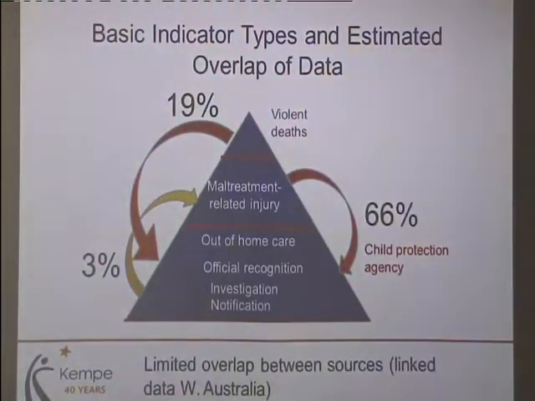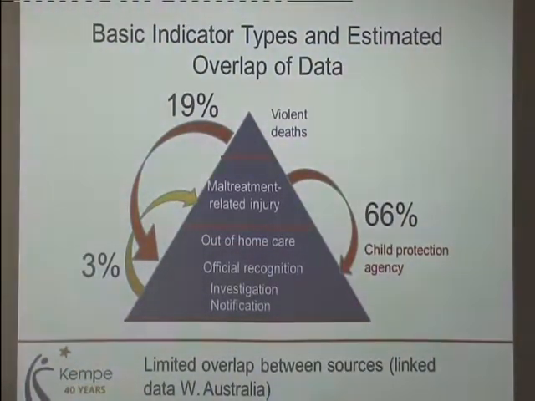So here are some examples of the kinds of things you can do with the data. This is an example from Western Australia. We've got information in the lower part of the triangle under the red line from the Child Protection Agency, information above that from the hospital admissions data, and then information above that from their violent deaths registry. And what you can see from the standpoint of children is the relative overlap.